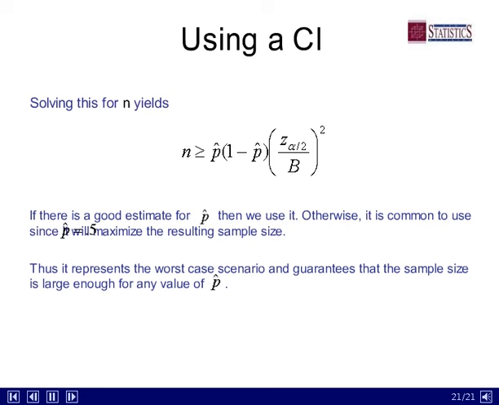I know that I've taken enough data guaranteed to be within the bound, no matter what the real P hat comes out to be. So it's sort of a worst case scenario. So a lot of people just use 0.5 in there. So basically you get 0.25 times your z alpha over 2 over b squared kind of quantity there. Okay? So this confidence approach is pretty common for this kind of proportion data especially.